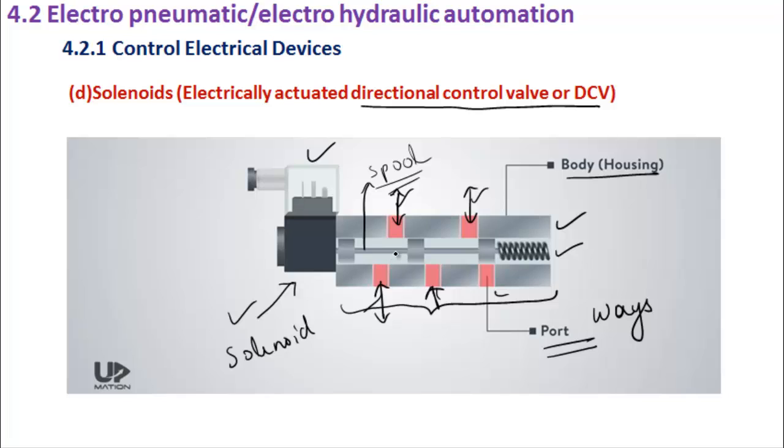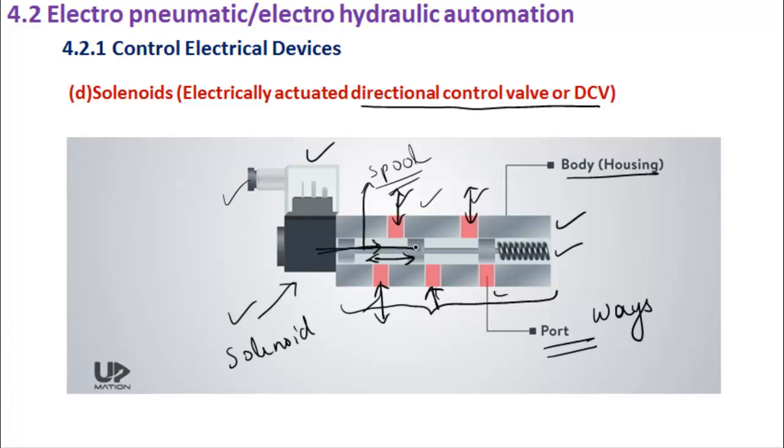Now this spool can be moved front or back. When we apply some electric current to this solenoid, this spool may be pushed forward. When it is pushed forward, something happens to these ports that we will see later.